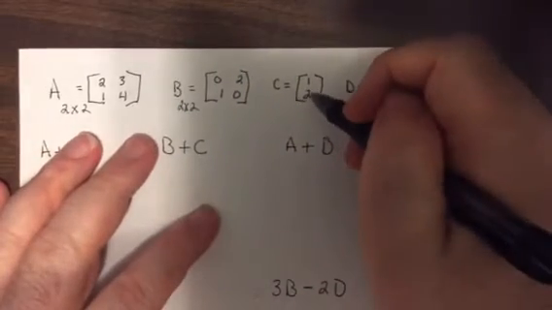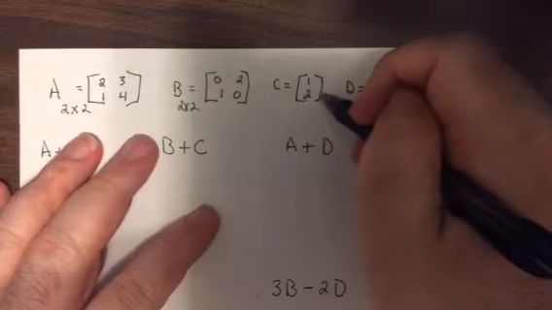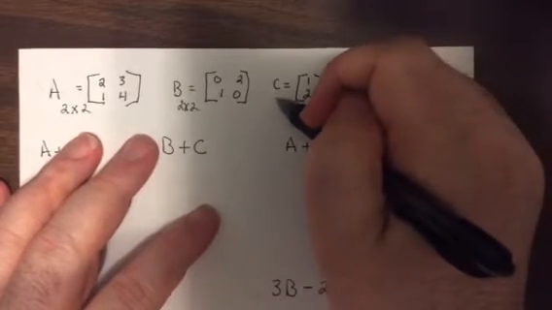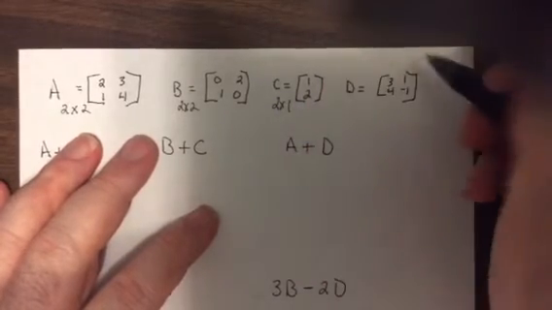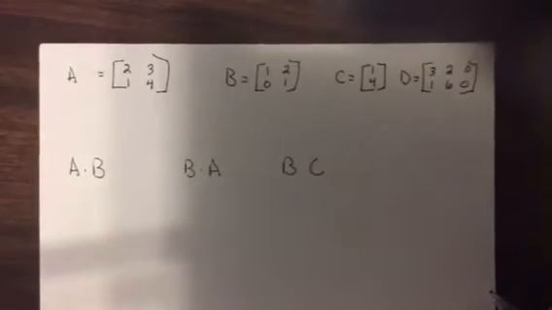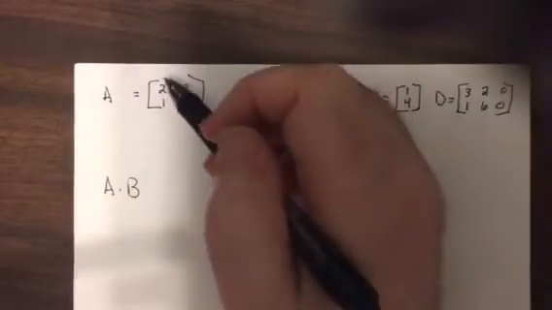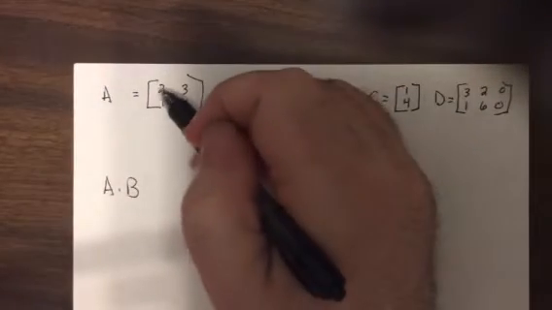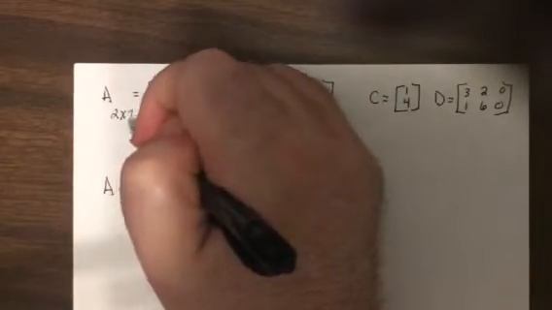Now this one, what would this be? Well, it's 2 rows, 1 column. So it's a 2 by 1. This one is also a 2 by 2 because we're going to use them. But let's look on this side. How big is this? What's the dimensions? Well, 2 rows, 2 columns, so 2 by 2.